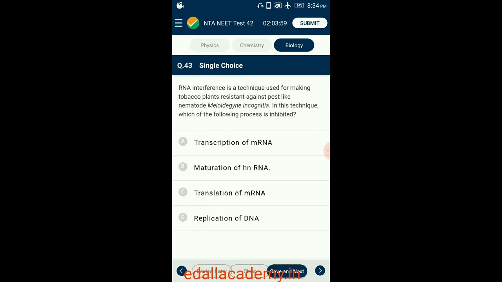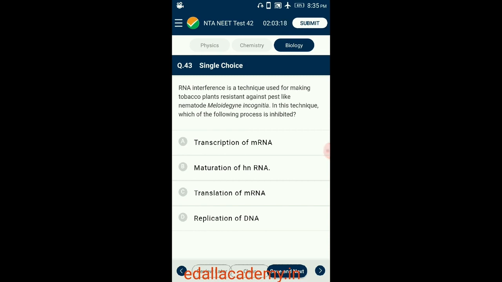RNA interference is a technique used for making tobacco plants resist pests like the nematode Meloidogyne incognita. In this technique, which of the following processes is inhibited? RNA interference, or RNAi, is a process of silencing a specific mRNA by making a complementary double-stranded RNA molecule.